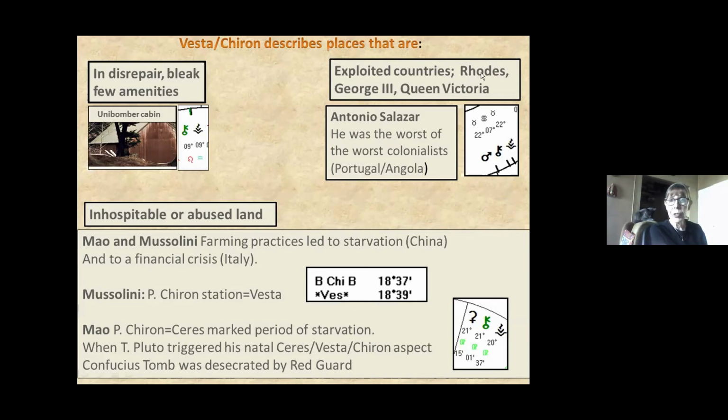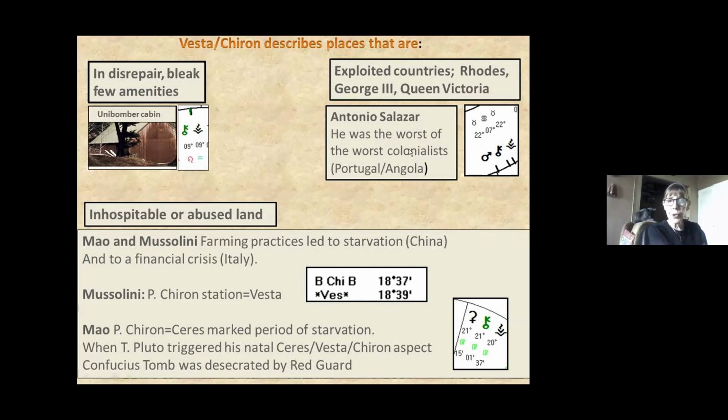So Cecil Rhodes, Rhodesia, George III, that's why we rebelled against George III for exploiting the country, and Queen Victoria. We talked about her in another video. The British Empire expanded so much under Queen Victoria and all of what that meant.